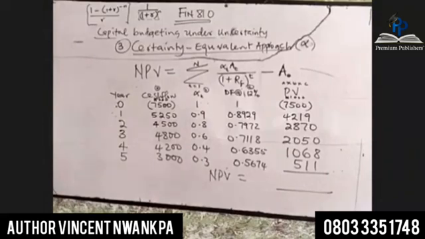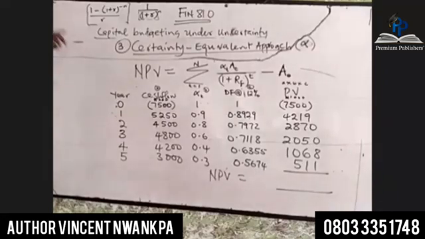Those of us online, I hope you are following. So calculate, let's know whether we have an NPV of negative or positive. If it's positive, we can invest. If it's negative, we cannot invest.